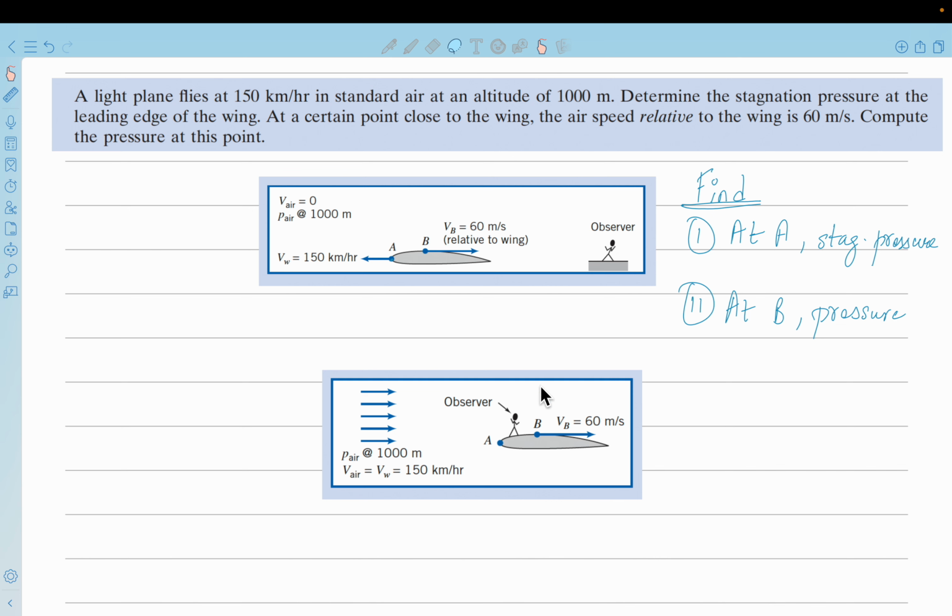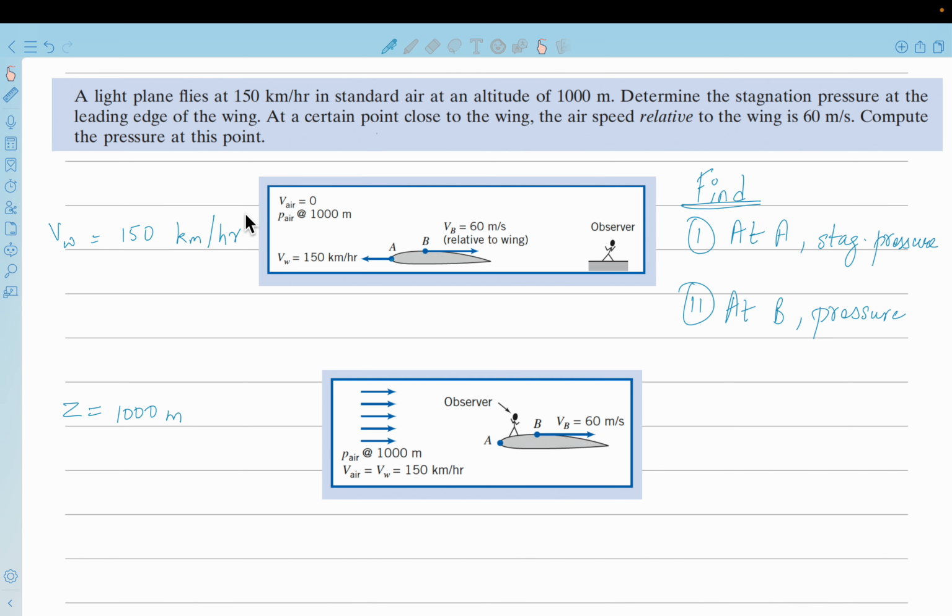Okay, so now we know that the height z is 1000 meters, and there will be some pressure at 1000 meters, and there is a velocity with which you were moving forward. So that velocity Vw is 150 kilometers per hour.